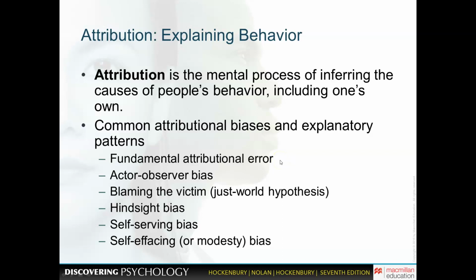One of these attributional biases is what's called the fundamental attribution error. That refers to the tendency to attribute the behaviors of others to their own internal and personal characteristics, while ignoring or underestimating the effects of external situational factors.